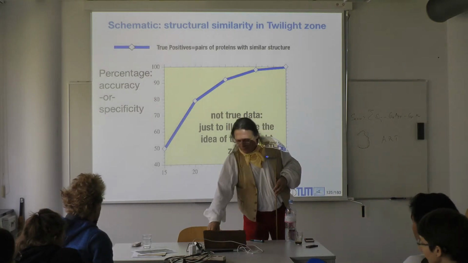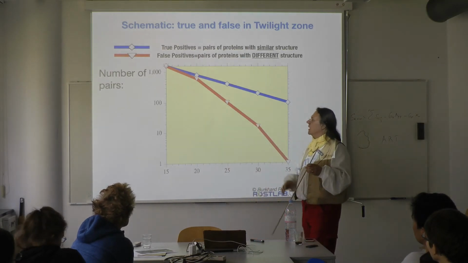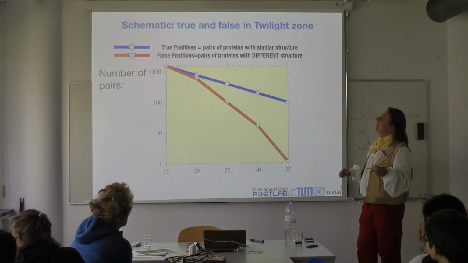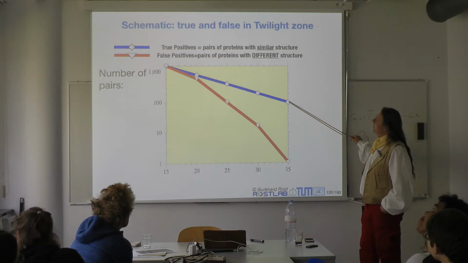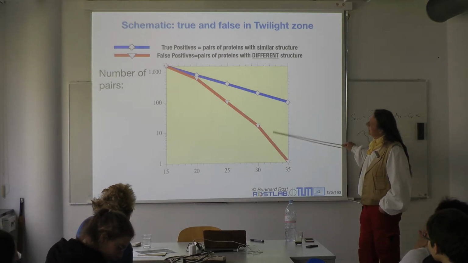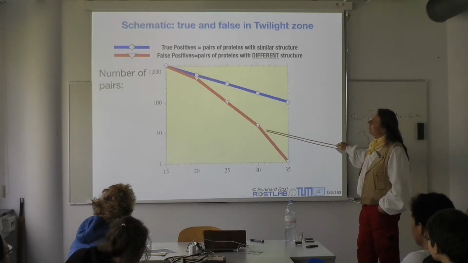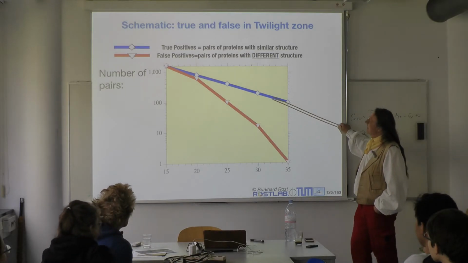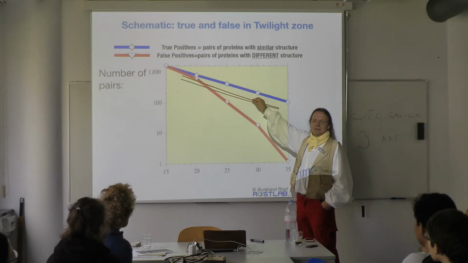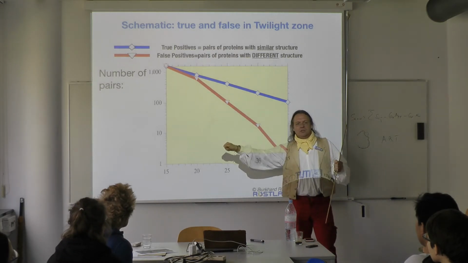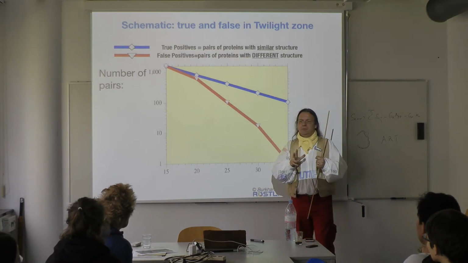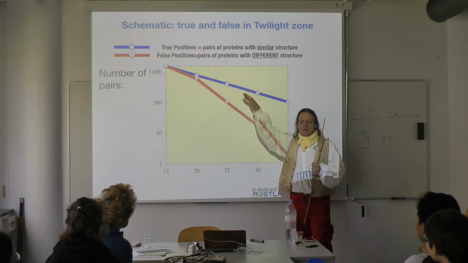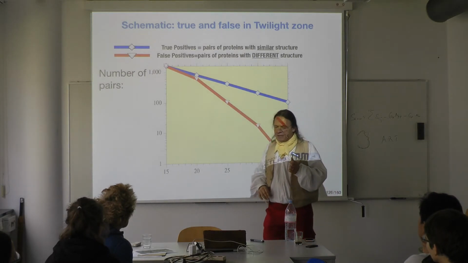But at the same time, not looking at the ratio, the accuracy, but looking at the raw numbers, at this point, the red, the false, things that do not have the same 3D structure, comes much closer to the blue, but the blue rises. So I want to get into the twilight zone to get all the matches. Okay? Somehow we expect something like that.